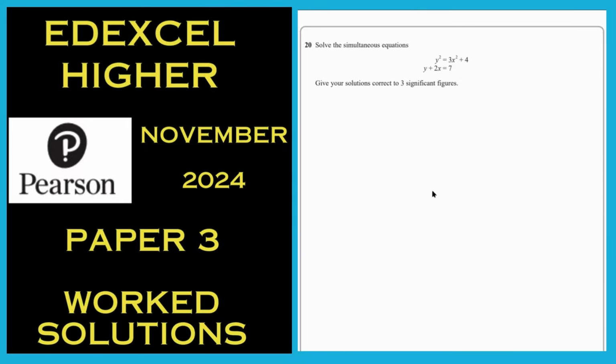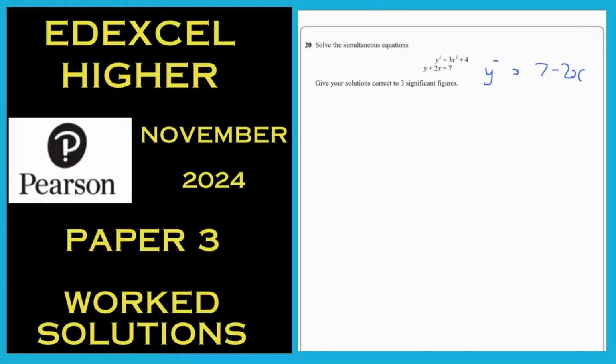Yep, one of those top-end simultaneous equations. Few ways of doing it. You could substitute, you could rearrange the bottom equation to be x equals and stick it in. I'm not though. I'm going to take the bottom equation. If we subtract 2x from both sides, we get that.